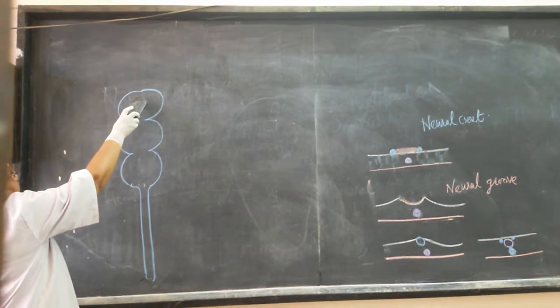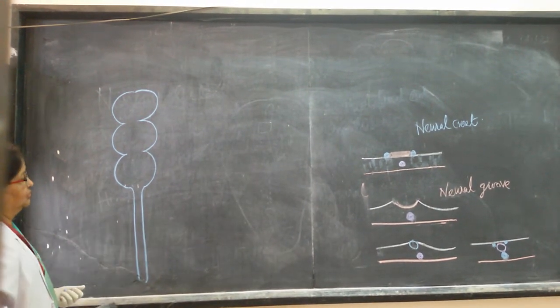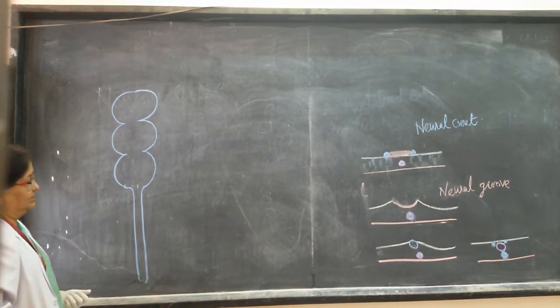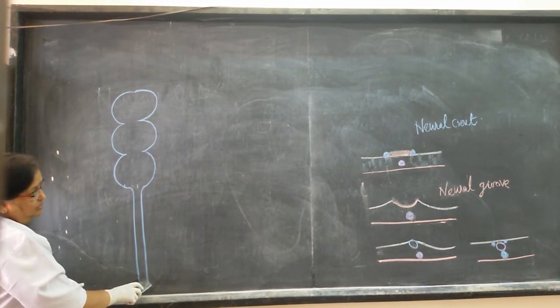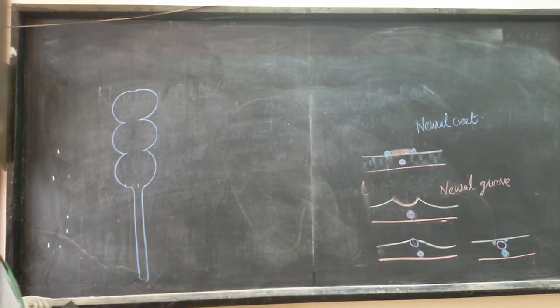The cavity which is lying inside persists throughout life. In the region of the brain, they form various ventricles, and in the caudal part, which forms the spinal cord, it persists as the central canal.